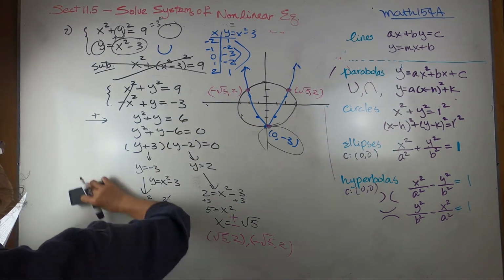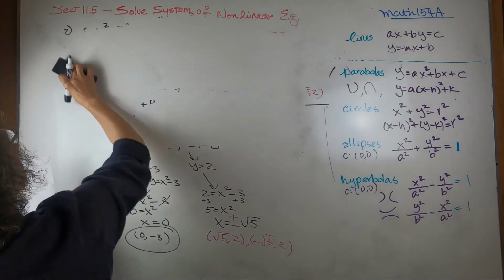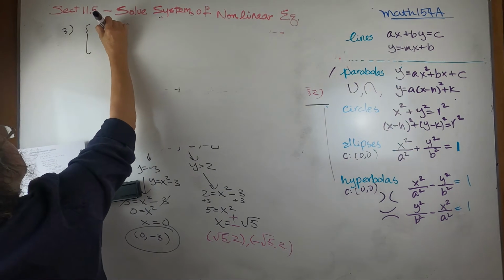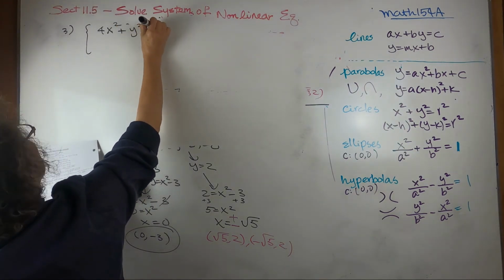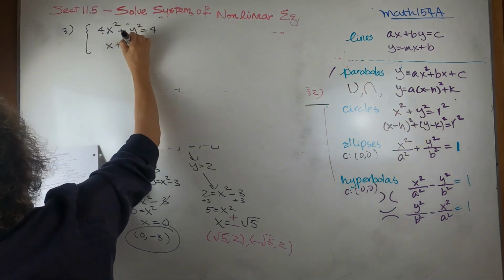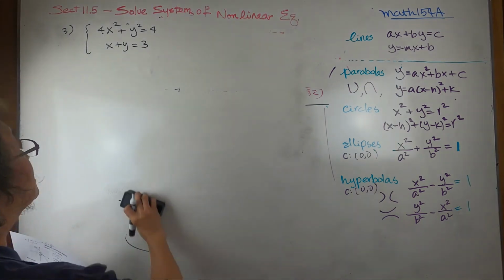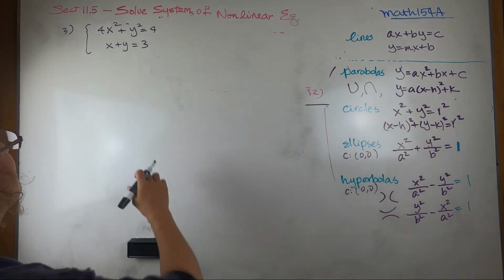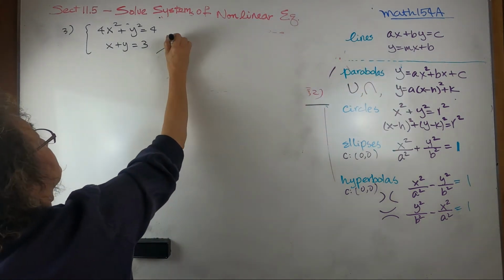So let's look at the next one on your page 53. If you have 4x squared plus y squared equals 4 and x plus y equals 3. Right? So let's take a look. What kind of shapes are they? X plus y equals 3, you know, is a line, right?